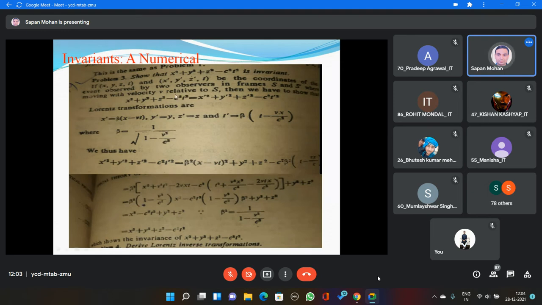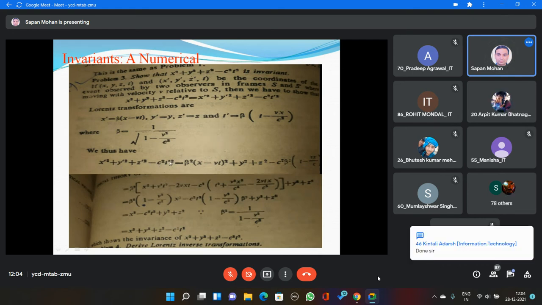These are the questions which I have given to you. That x square plus y square plus z square minus c square t square is invariant. So we use the Lorentz transformation and substitute the values, starting from x dash, y dash, z dash, c square, t dash.